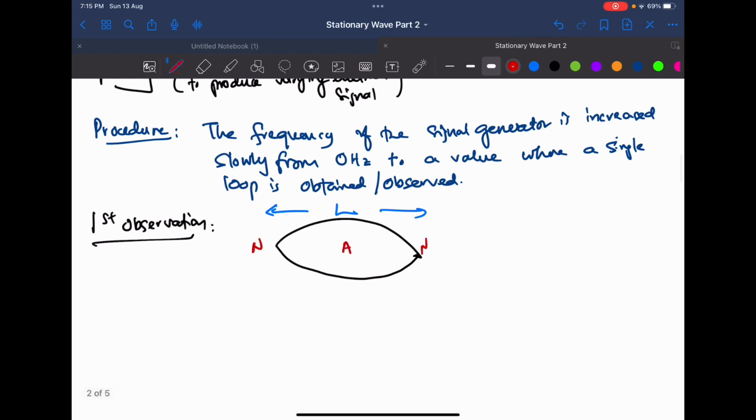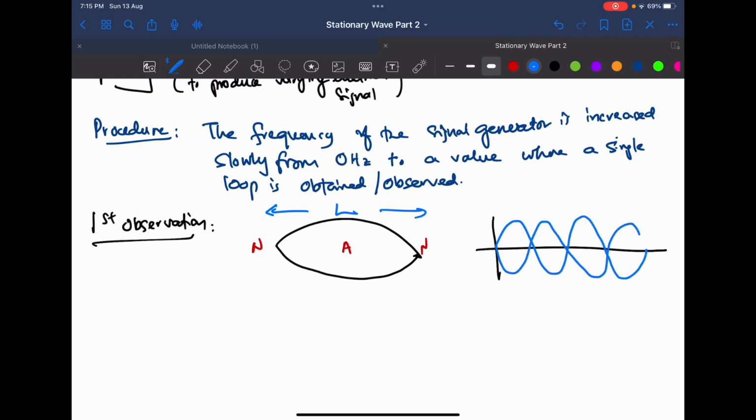So whenever you are analyzing a stationary wave, it is always a good practice if you draw a stationary wave like this and label the nodes and antinodes. So these are all the antinodes where you have maximum amplitude or constructive interference.